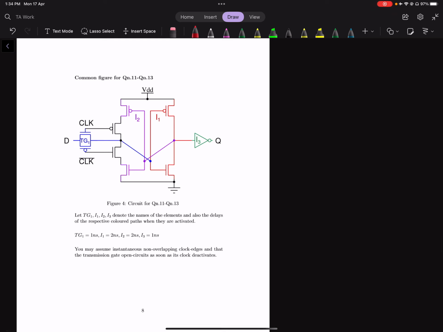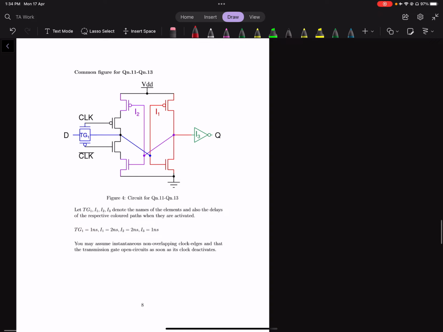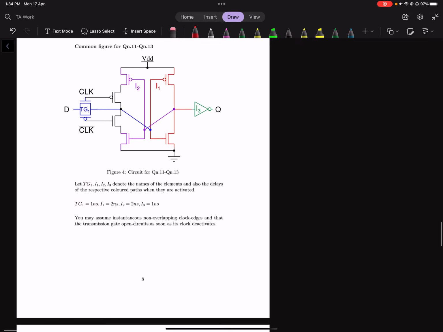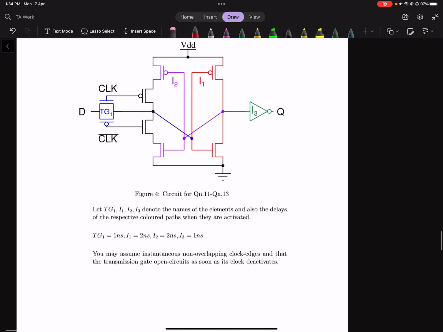So in figure 4 we have the common figure for questions 11 to 13. This is basically a latch, and the elements that make up this latch are given in different colors, which is TG1, I1, I2, and I3.